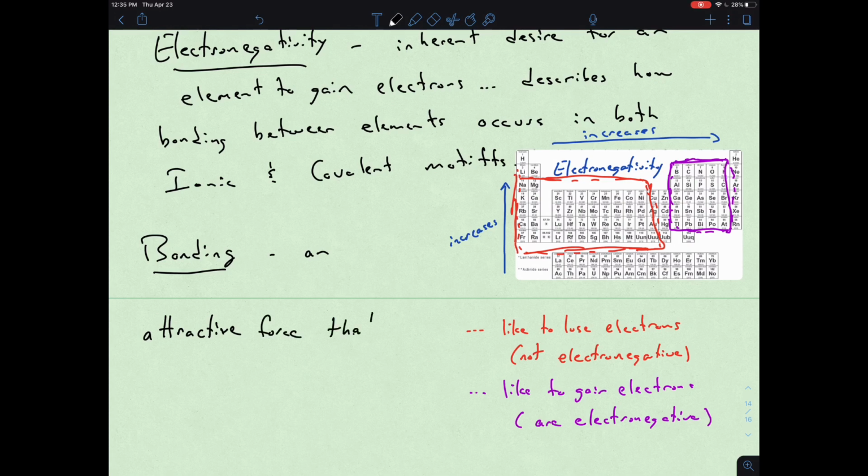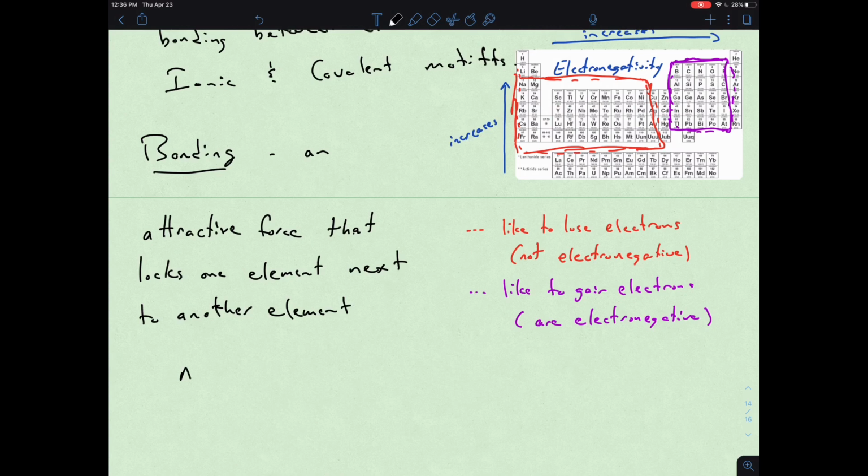And what is bonding? Well, bonding is basically an attractive force that locks one element next to another. And with bonding, we have really two types. We have ionic bonding.